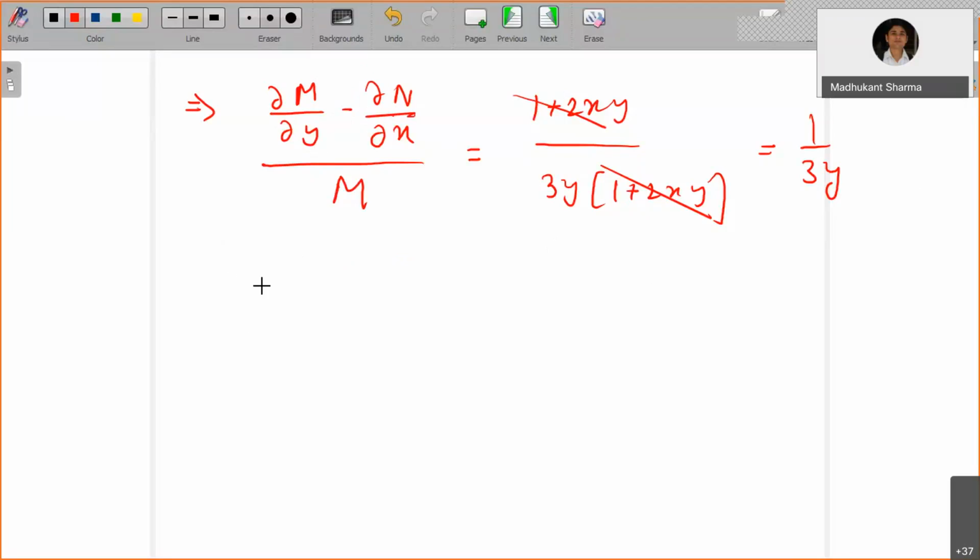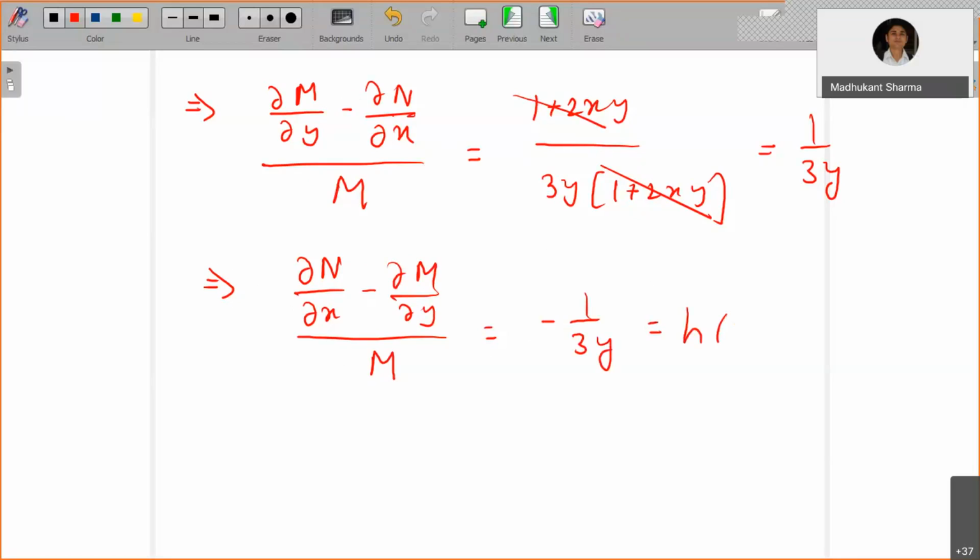So in the original method, (∂N/∂x minus ∂M/∂y) divided by M is equal to minus 1 upon 3y, and that is your h of y. The integrating factor is e to the power integration of minus 1 by 3y dy, which is nothing but y to the power minus 1 by 3.